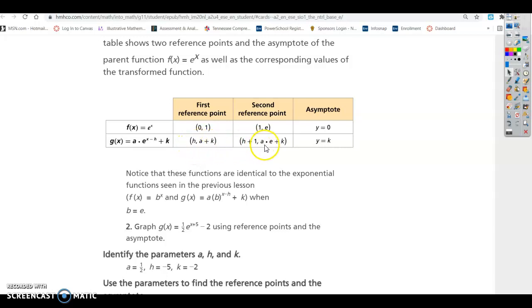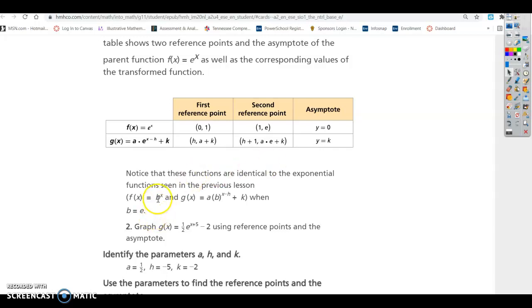So here's the ordered pairs for the reference points that you can jot down in your notes just to have. All right, notice that these functions are identical to the exponential function seen in the previous lesson. F of x equals b to the x, and g of x equals a times b raised to the x minus h power plus k when b equals e.